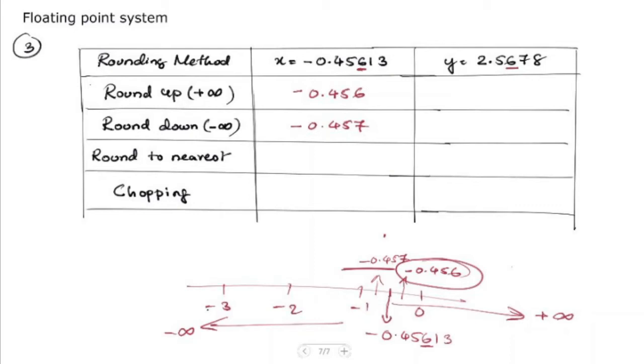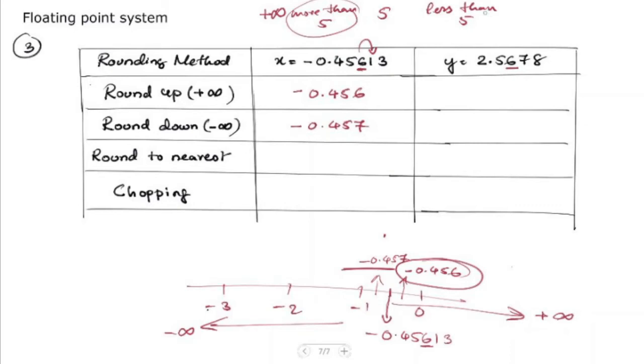Now the next thing it's saying is to round to nearest. So now this is a little bit interesting. We need to look at the number after 6 here, and we need to check, is this number 5 or more than 5, or is it less than 5? If it's more than 5, then we round it to the positive infinity.